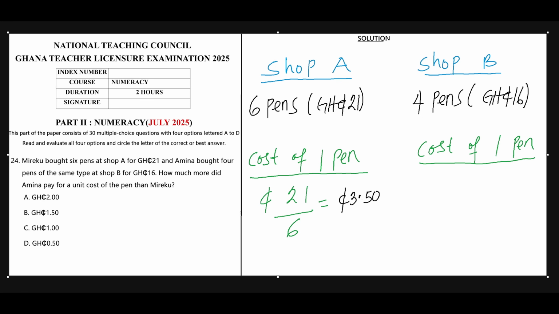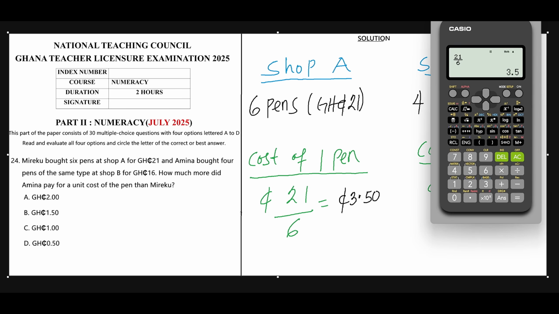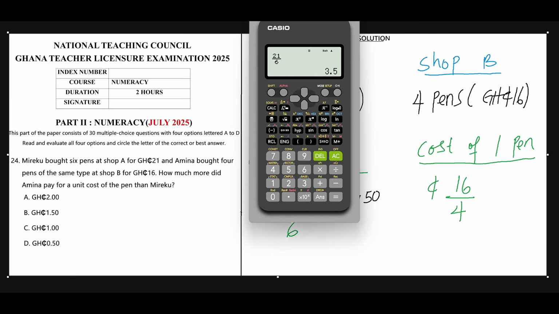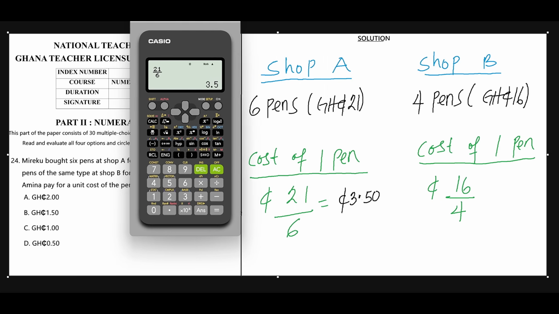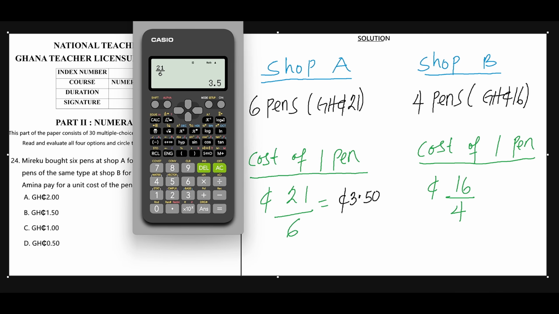So 4 pens coming at a cost of 16 cedis. So the cost of 1 pen will be 16 cedis divided by 4. Let's also check the result and see. Sixteen cedis divided by 4.